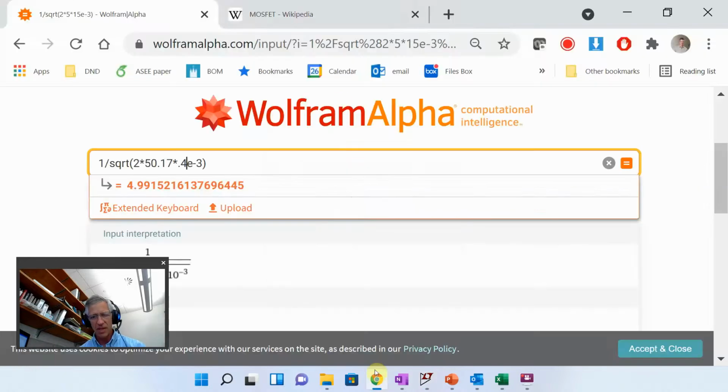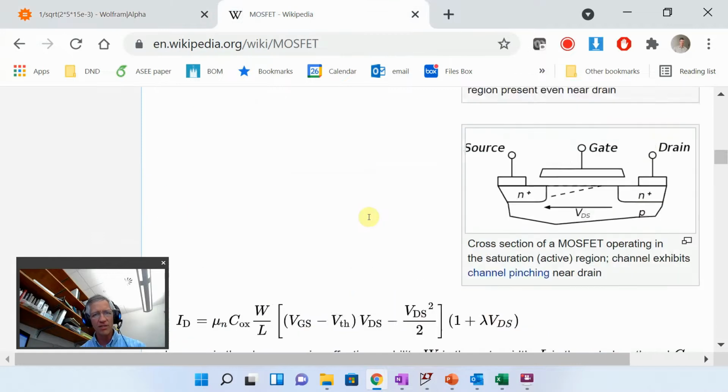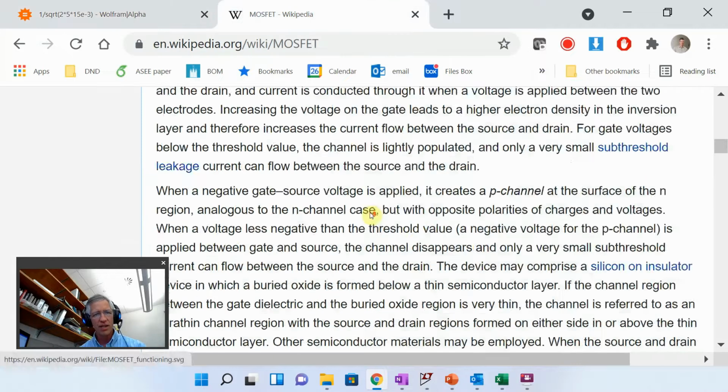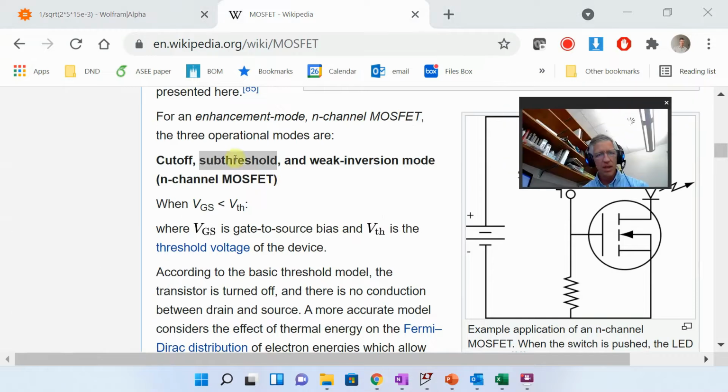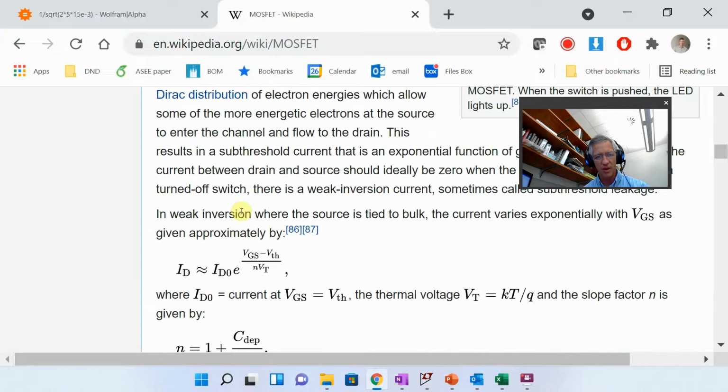Well, let's see what's going on. If I go back over to this MOSFET and scroll to where it talks about cutoff, you see it's also called subthreshold when VGS is less than my threshold voltage. Well, you see it isn't really zero.